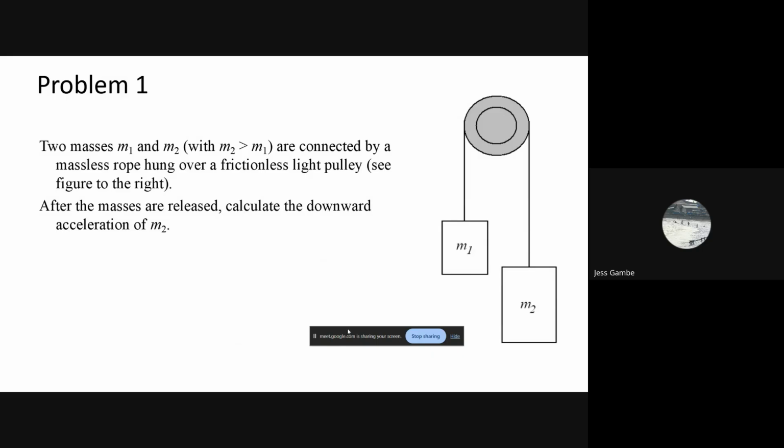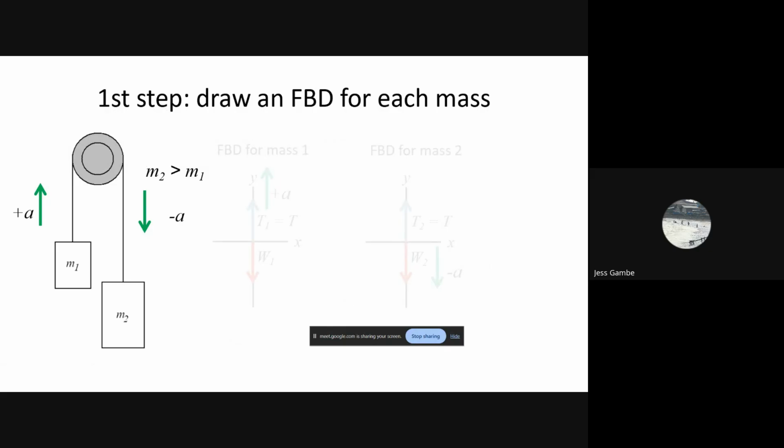So, ipaboran niya isang M2 paubos, ang M1 is pataas. So, na kay duha ka masses, so you would expect na duha ka free body diagram. Okay? Siguro kung nag-rotate pa ang kuan later sa torque na, we will include ang pulling system. But for this case, frictionless pa siya.